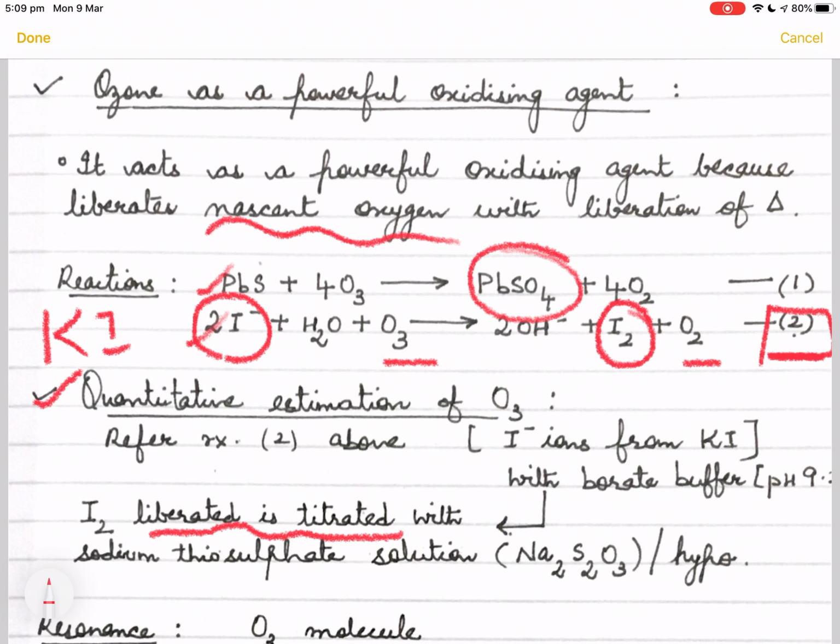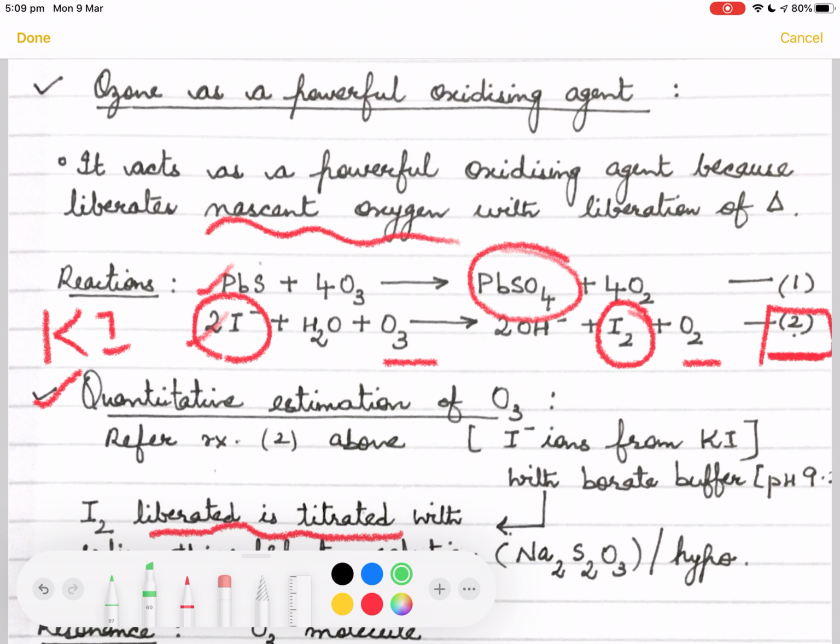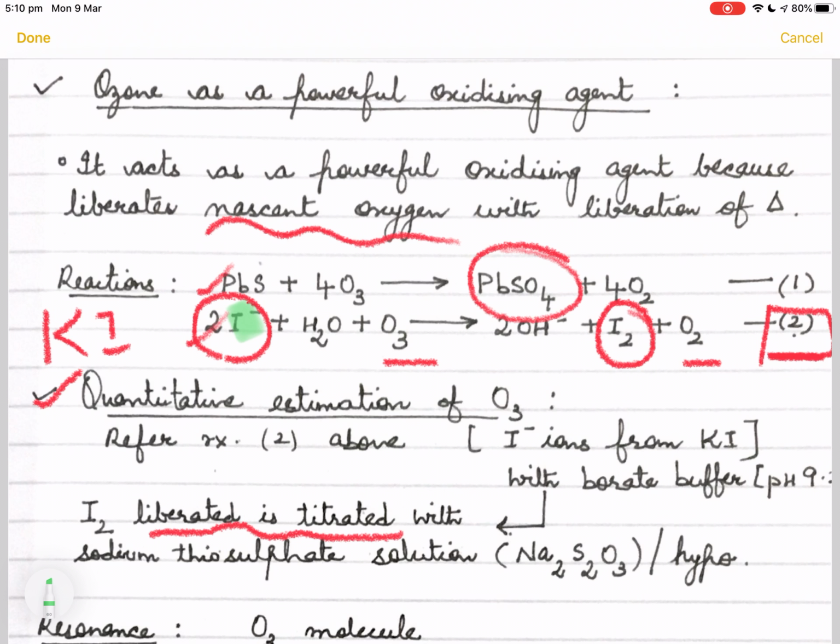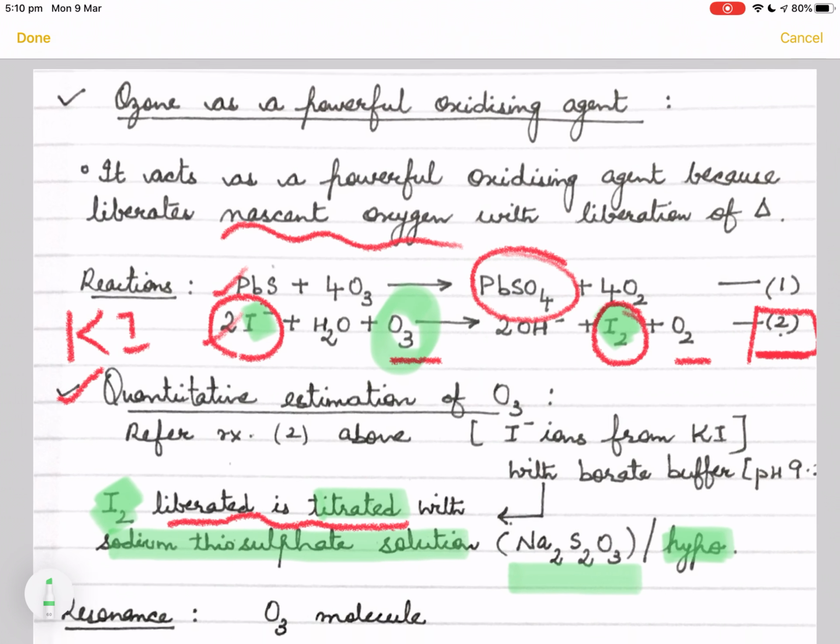Since it is evident in the second reaction that the iodide ions have been oxidized to iodine, this iodine can be titrated with hypo solution. What's hypo? That you need to understand. It's also known as sodium thiosulfate solution. This is a formula which you should keep in mind. When you titrate it, you come to know how much ozone was used up in this particular reaction. So we move ahead.